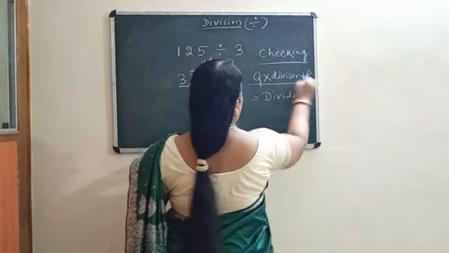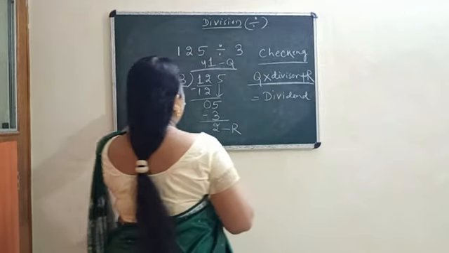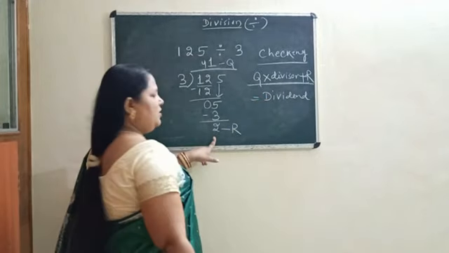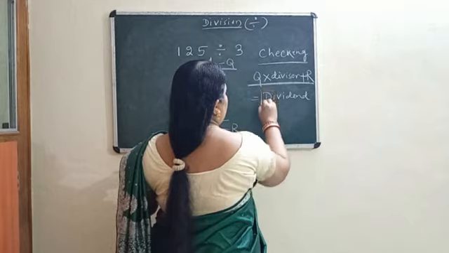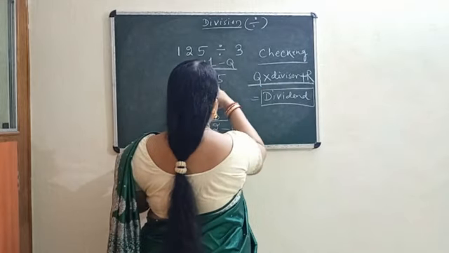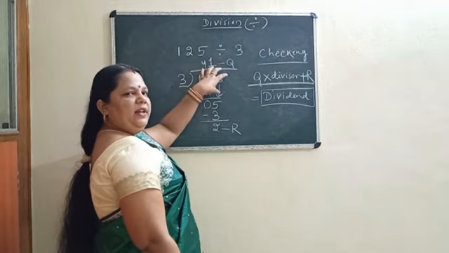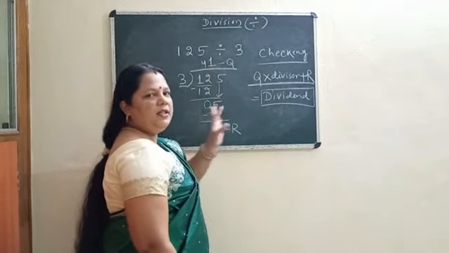Remember this formula. Quotient how much? 41 multiplied by divisor, which is 3, plus remainder, which is 2. If we do this calculation, you should get the dividend, which here is 125. If your answer is 125, then you can be 100% sure that your division is correct.